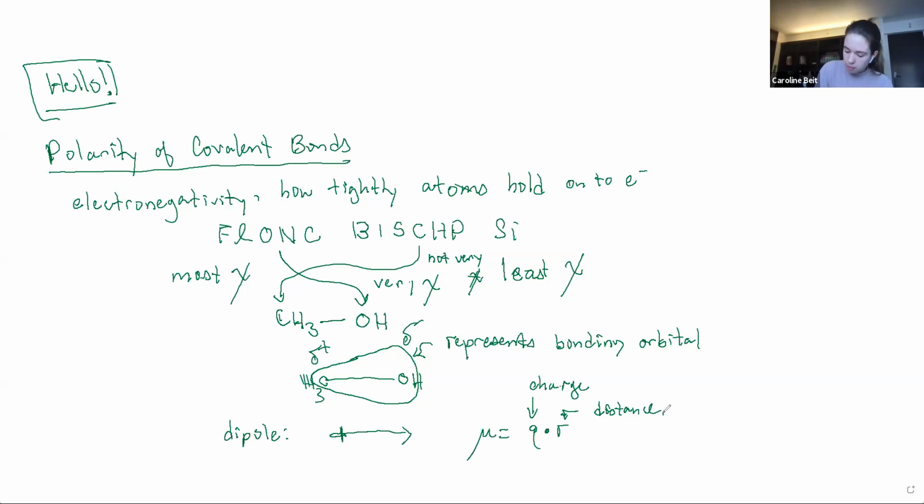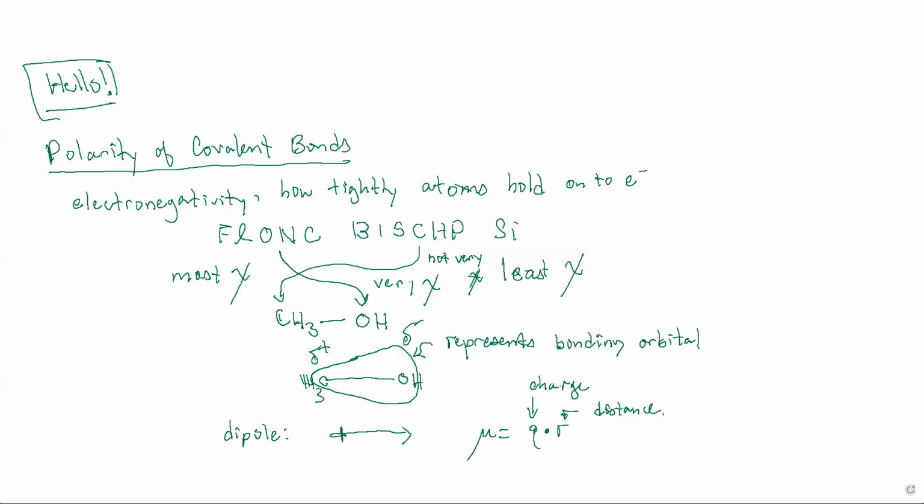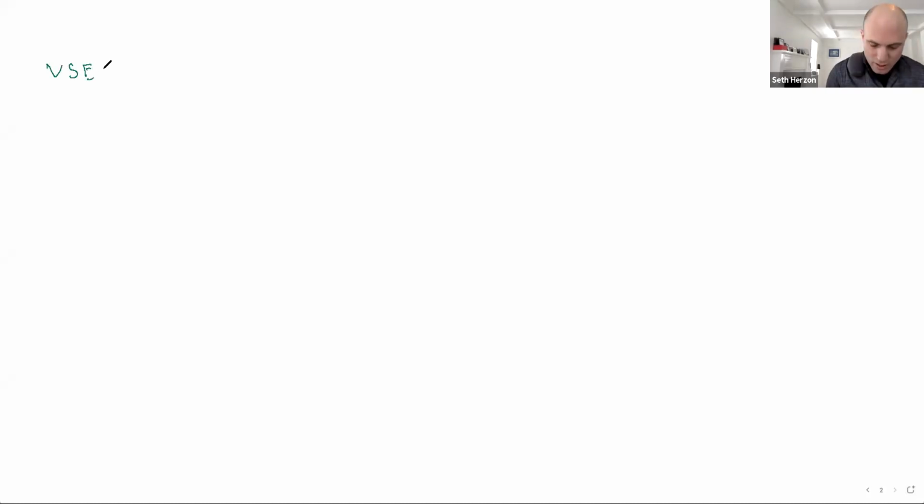So, all right. I want to briefly cover VSEPR theory. Hopefully they talked about this in general chemistry, but I'll just mention it here because we're going to use this model. This is the valence shell electron repulsion theory.